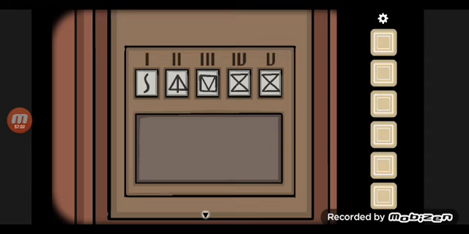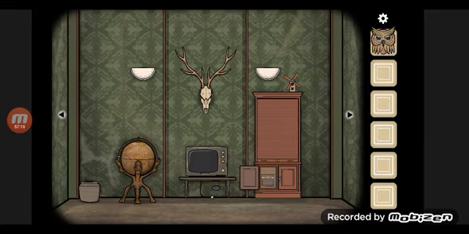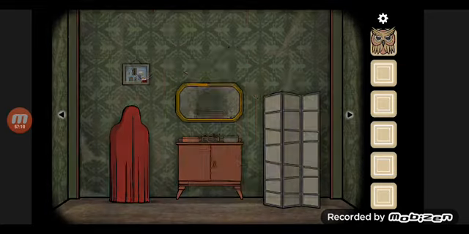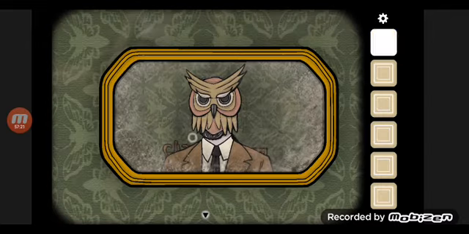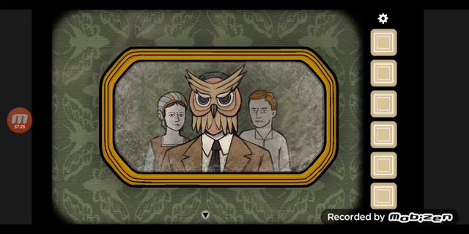This is the third one. This is the fourth one, and this is the fifth one. And we've got now the old mask. Now let's look in the mirror and put on the mask to get this extra.